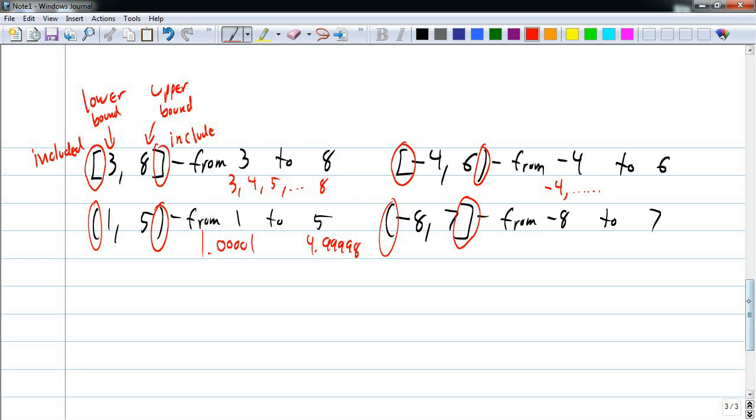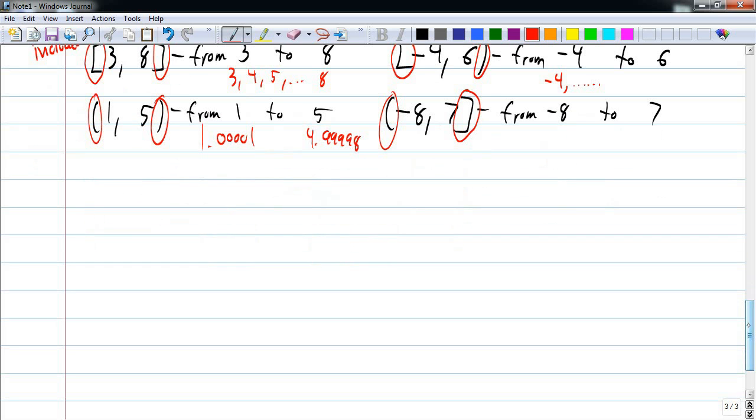So to summarize, every interval consists of two numbers. It's a low number and a high number. If the low number or high number is included, we use brackets around those numbers.